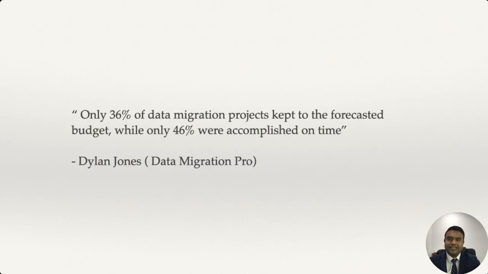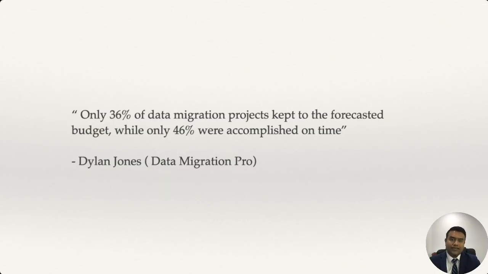In 2018, I came across an excellent survey conducted by Dylan Jones of Data Migration Pro. He interviewed a good number of people who are responsible for data migration. And he found out that only 36% of projects were done within the budget and only 46% of the projects were delivered within the ideal timeline.